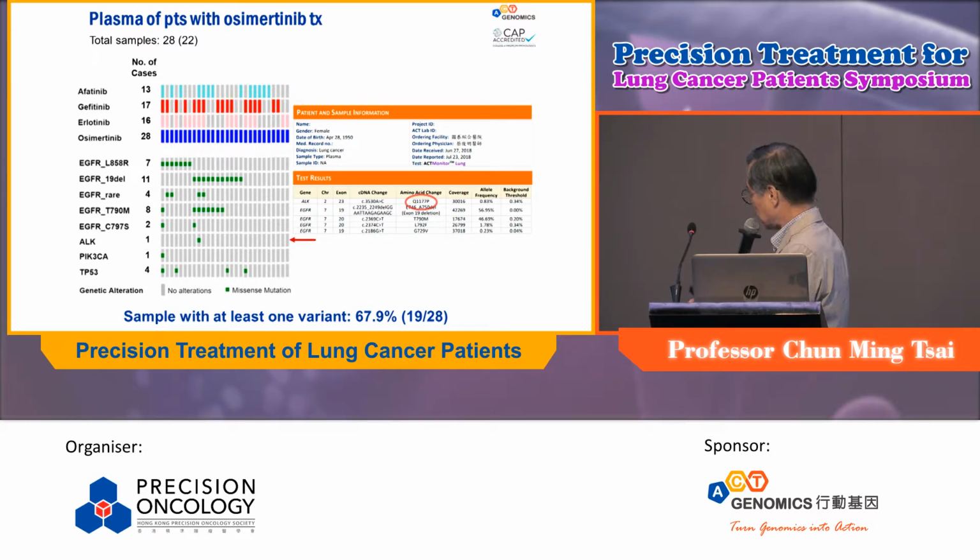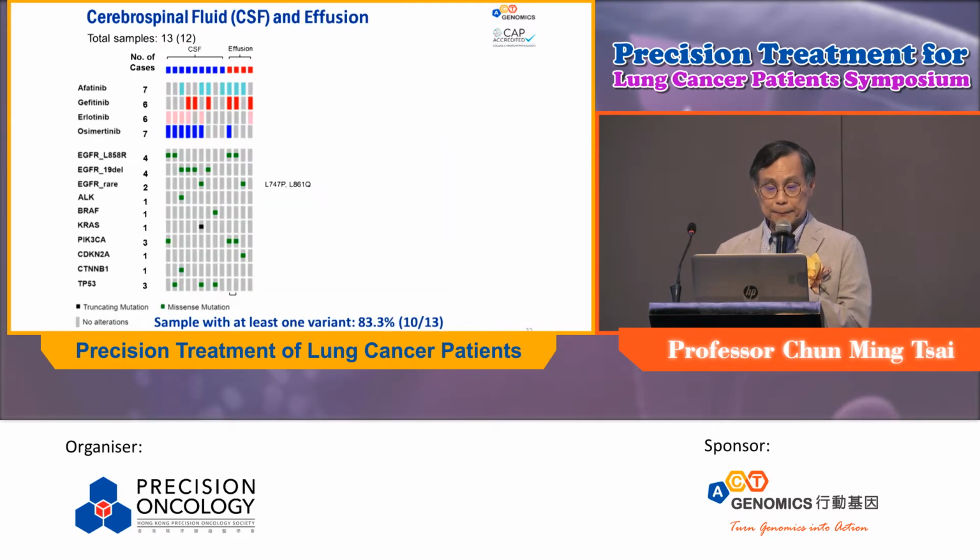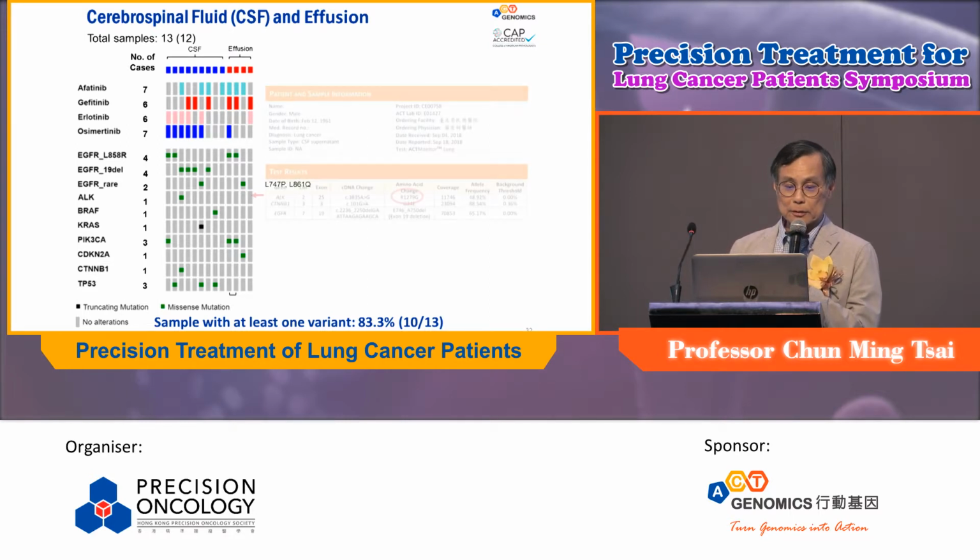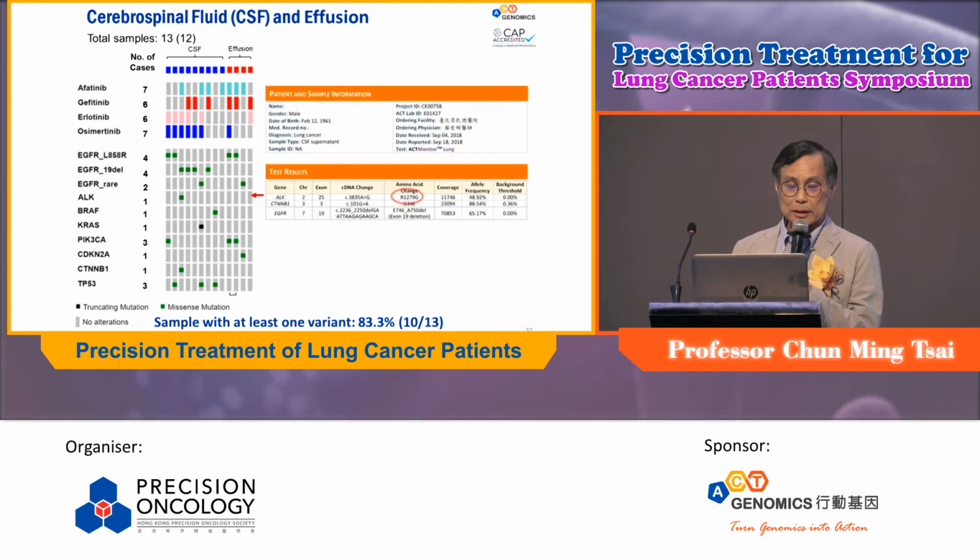That's a mutation, actually, and it's not the resistant mutation we see in the ALK patient who received anti-ALK treatment. And in one patient from CSF, we also found some bypass pathway.